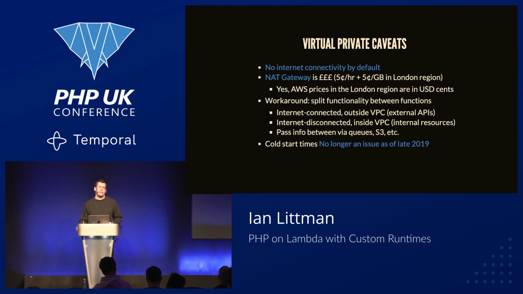Of course, you would then need to set up some way for those functions to talk together, so throwing things onto a queue or S3 or the like. So it's a question of, do you want to spend more dev time architecting that, or do you want to spend more money subsidizing Amazon.com?